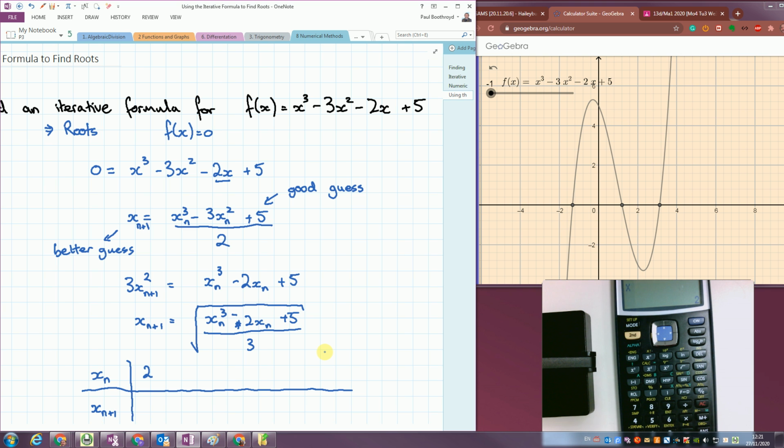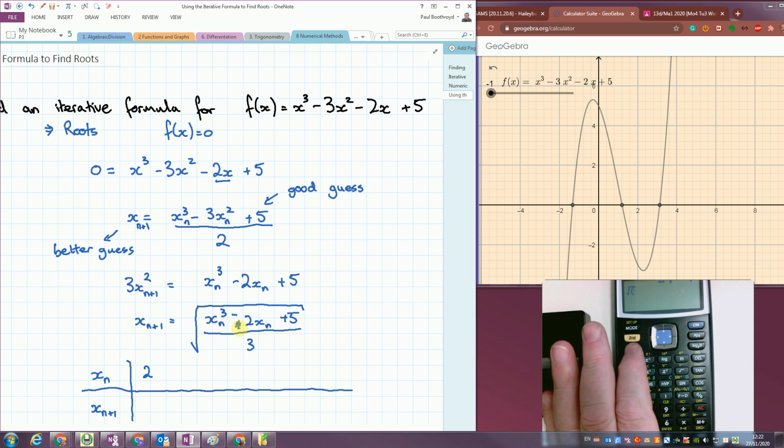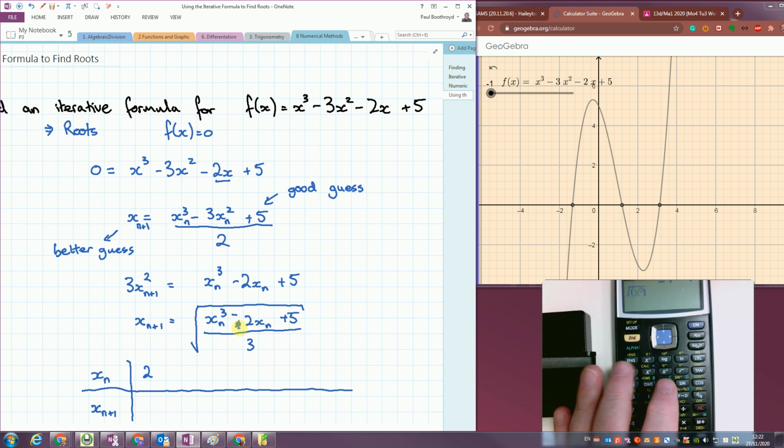Okay, that's my first value. What I can do is type in the equation we're talking about down here. I need the square root of the whole numerator, so that is my x value cubed, minus 2 lots of the alpha x, add on 5, and all divided by 3, still inside the square root.